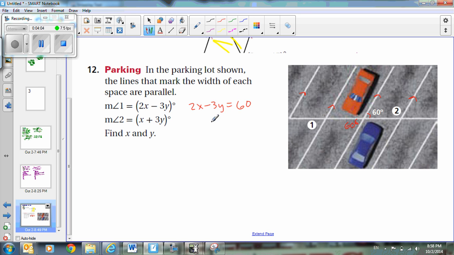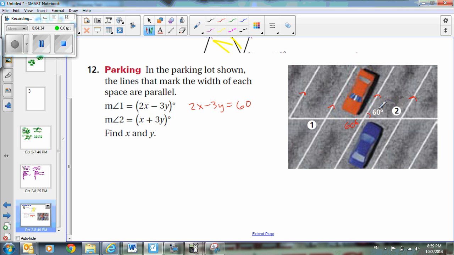Okay, now let's write a second equation that involves the measure of angle 2. Notice my parallel lines cut by a transversal. Well, angle 2 and the 60 degree angle are on the same side of the transversal and on the interior of the two lines being cut by the transversal, so they are same side interior angles. When parallel lines are cut by a transversal, same side interior angles are supplementary. All right, so they total 180.